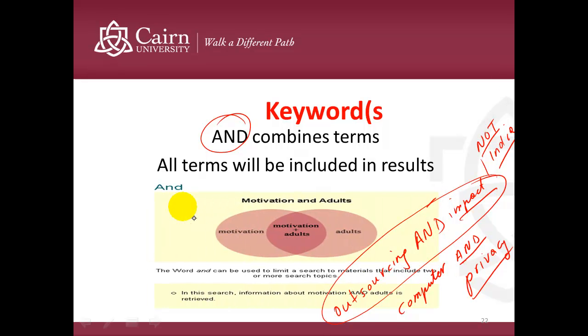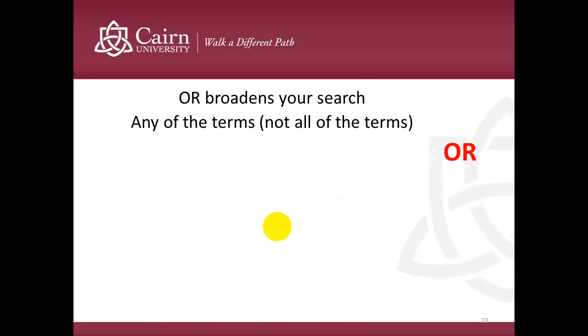So if you're using "and" here, notice you're getting motivation and adults. It's going to limit those. Instead of giving you thousands and thousands of records, it's going to give you only what's common between the two. Like I mentioned earlier, you can use "or," which broadens your search, and it searches any of the terms.